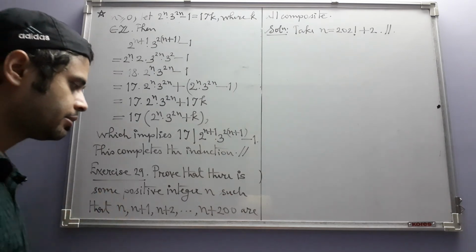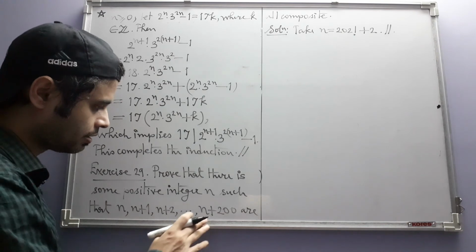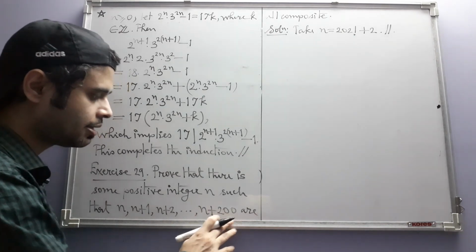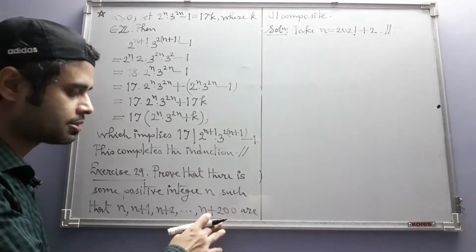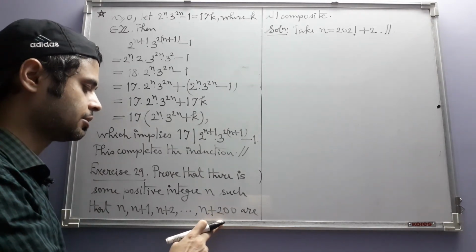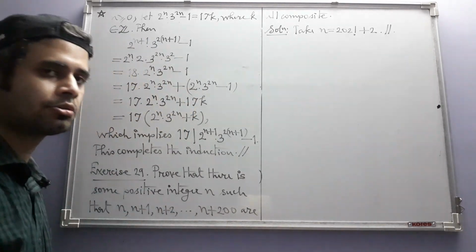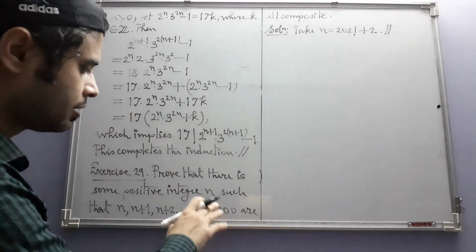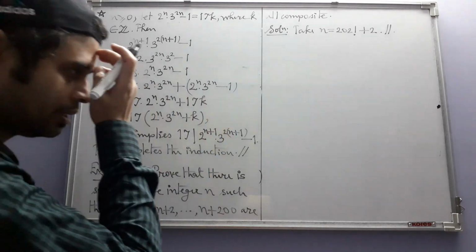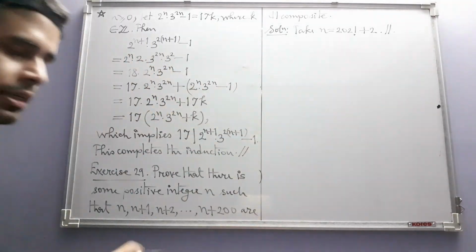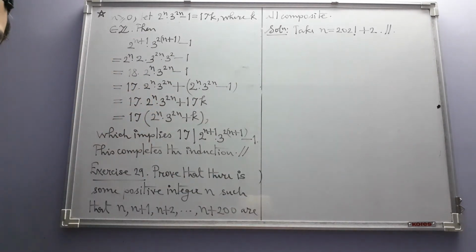Now the interesting thing here is that, do you see, you can take, instead of 200, any number, say for example 200,000 or 2 million or 2 billion, and even then you will be able to find, by conveniently choosing this number n, such an n for which all such consecutive integers will be composite.